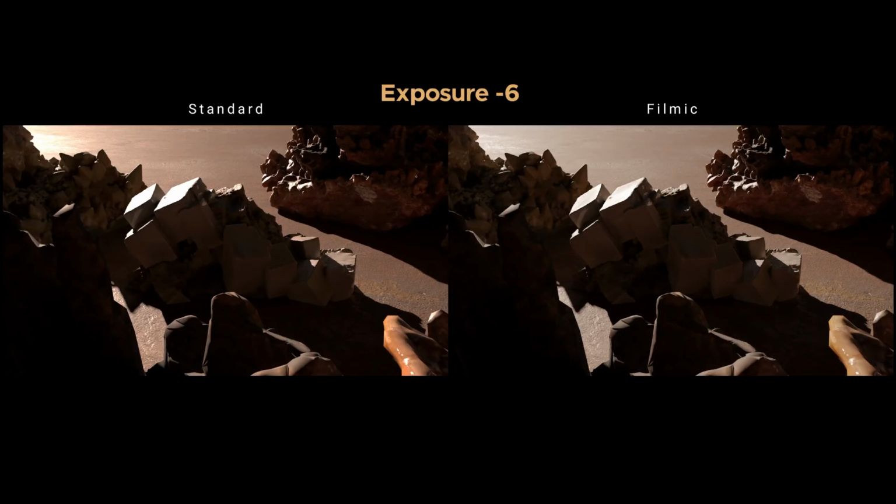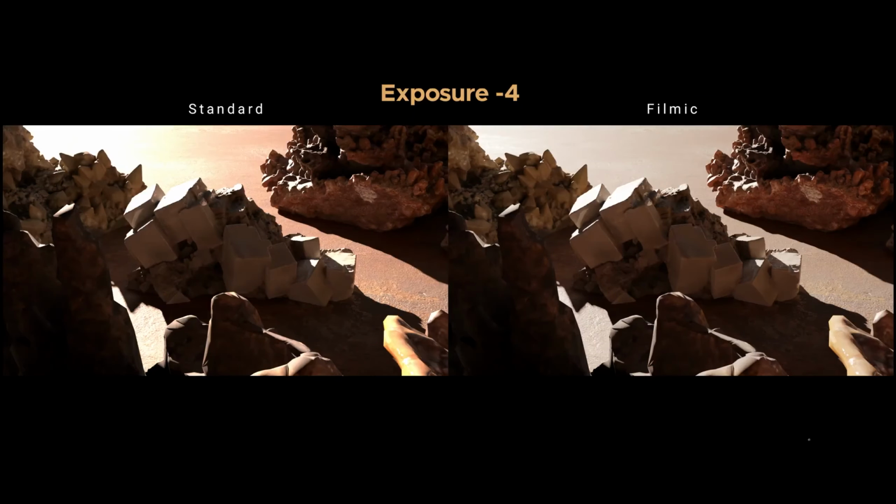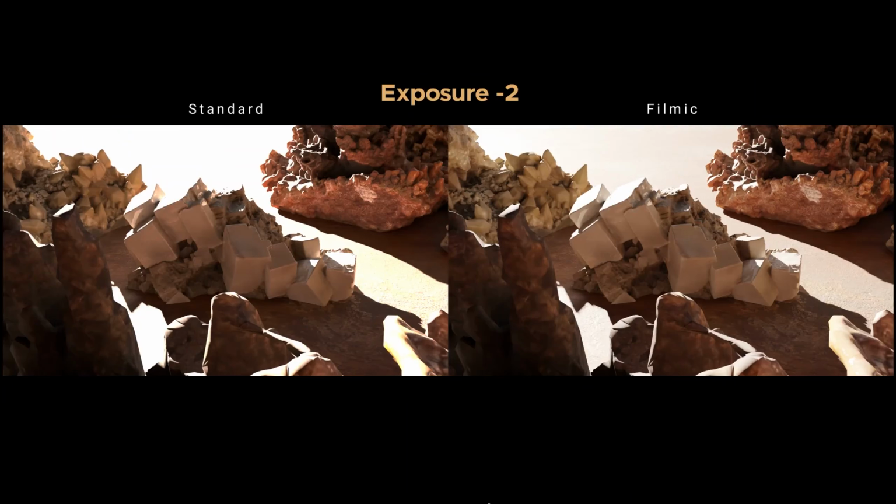Let's do a quick exposure sweep using standard and filmic. Look how the standard treats really intense pixels, and how with filmic we can still see some definition within the higher range. And the loss of data within the standard view transform gets even more prominent at -2.